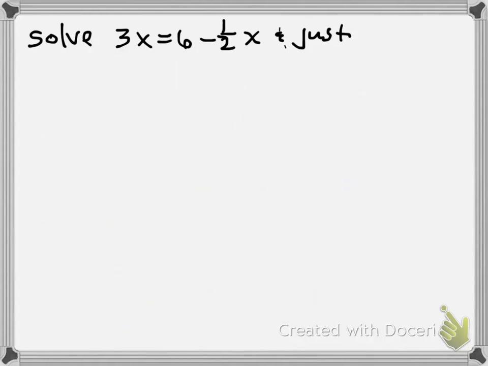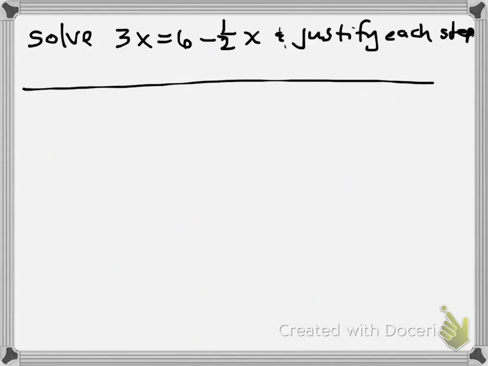So here's our next guide. This is our direction. Solve 3x equals 6 minus 1/2 x, and justify each step. When we do a proof, we're going to do what I like to call two-column proofs, and we'll get into this a little bit more.